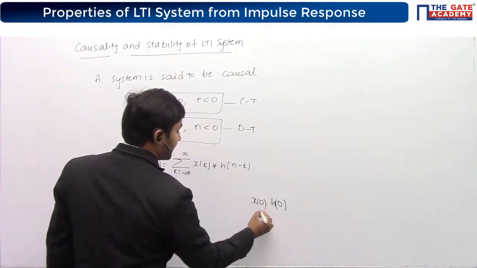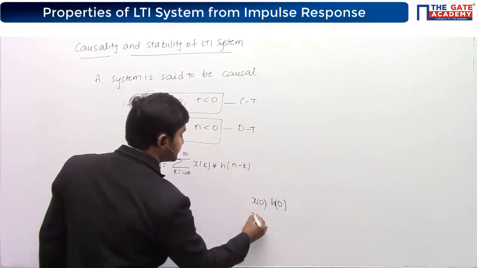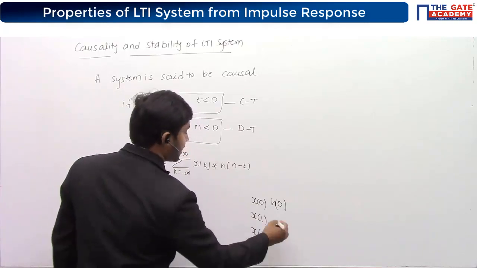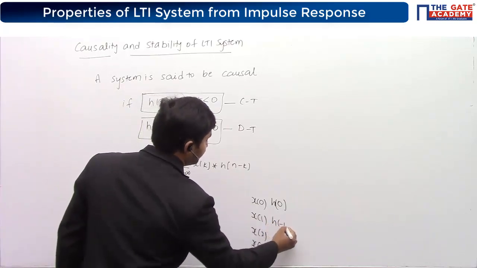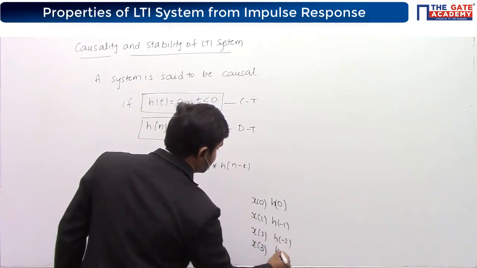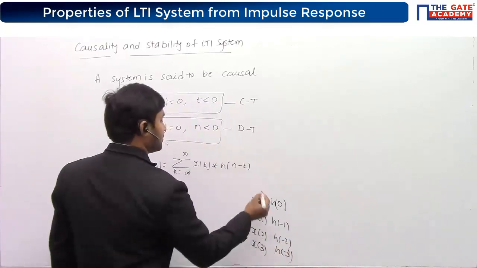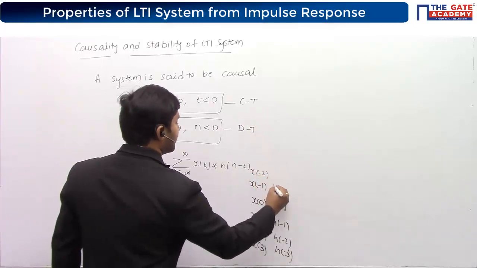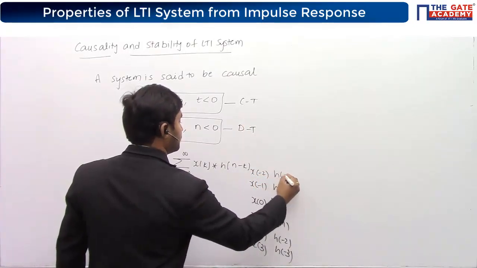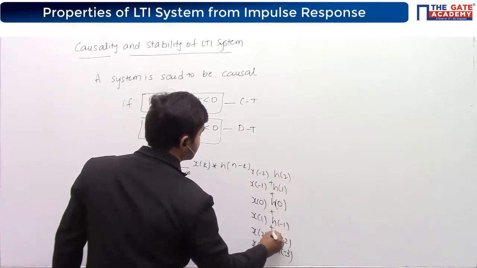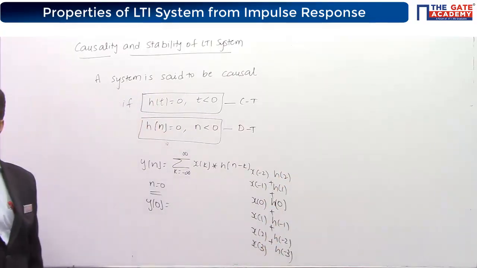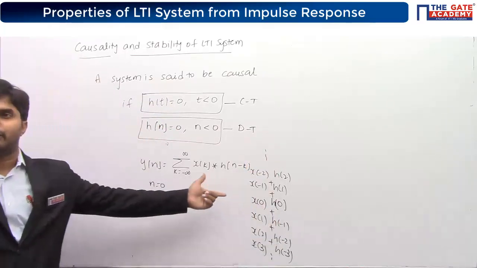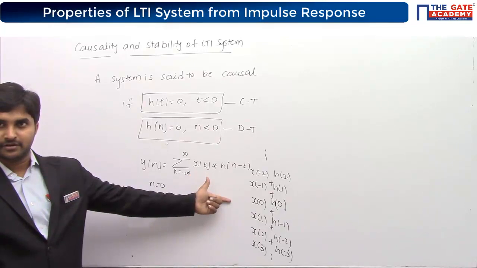As k increases, we have x of 1, x of 2, x of 3, with h of minus 1, h of minus 2, h of minus 3. On the other side, x of minus 1, x of minus 2, with h of 1, h of 2, and so on, right? This is nothing but the formula for convolution. Yes or no?